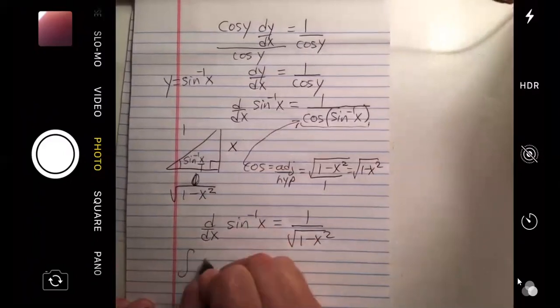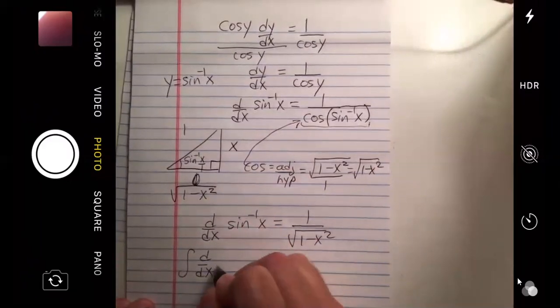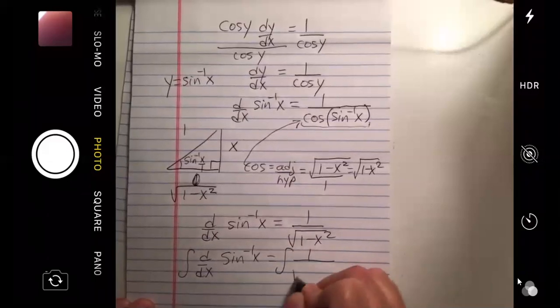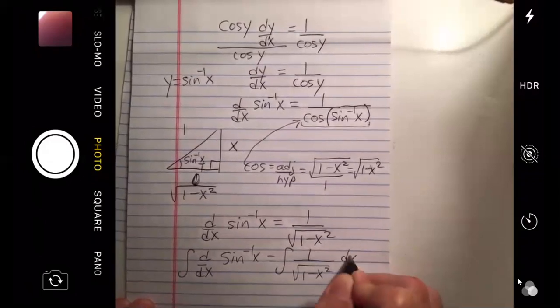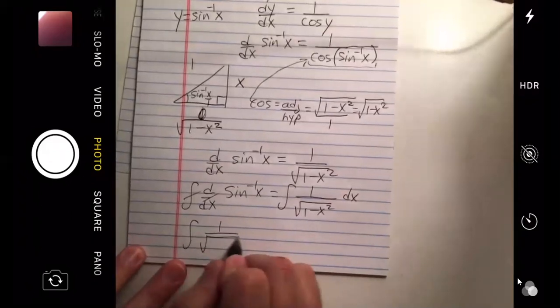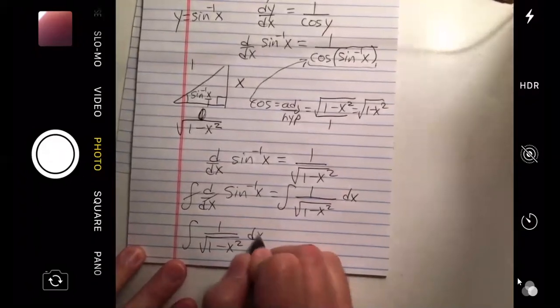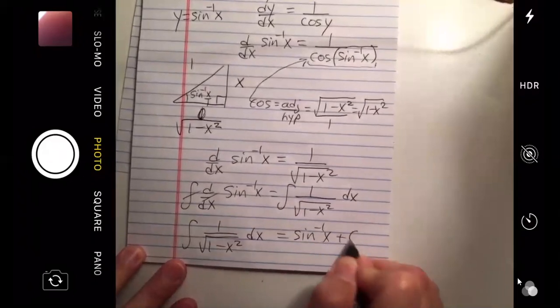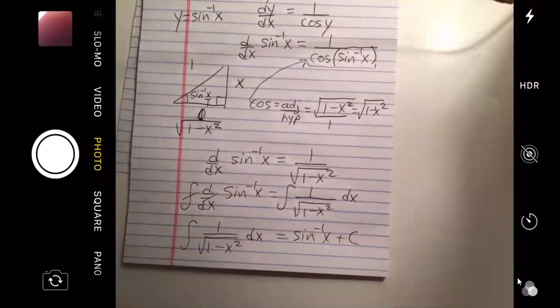And if I do an integral on both sides, these again cancel, and there's my integral of 1 over the square root of 1 minus x squared equal to arc sine x plus c. I don't know if that proved anything to anybody, but in any case, that's how you show it. And the other two work pretty similarly.